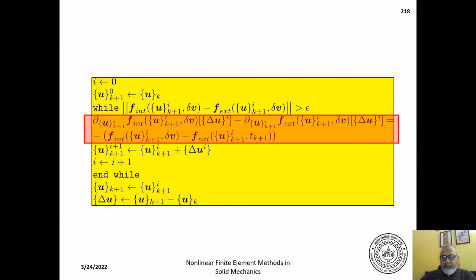Again, further detail. Again, the shaded box is the elemental step. That means whatever comes out of this has to be assembled in order to go to the next step. I'm not talking about the assembly process; I'm assuming you know that already. Again, this is the Newton-Raphson loop. The first iteration is 0. Take the last converged step and put it into the first guess for the k plus 1th step.